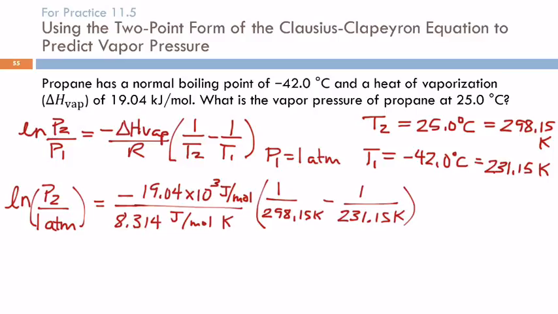I've got negative 19.04 times 10 to the third divided by 8.314 times the quantity 1 over 298.15 minus 1 over 231.15, close parentheses, equals 2.226399. That should be enough sig figs.